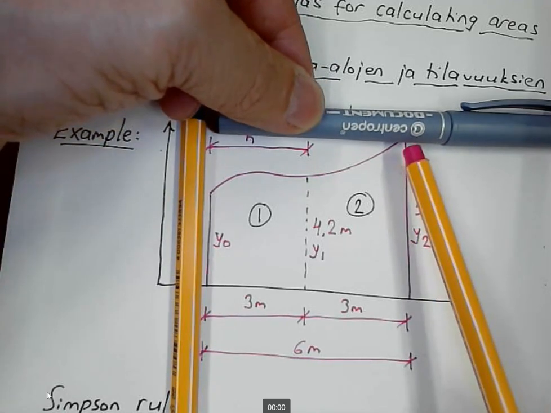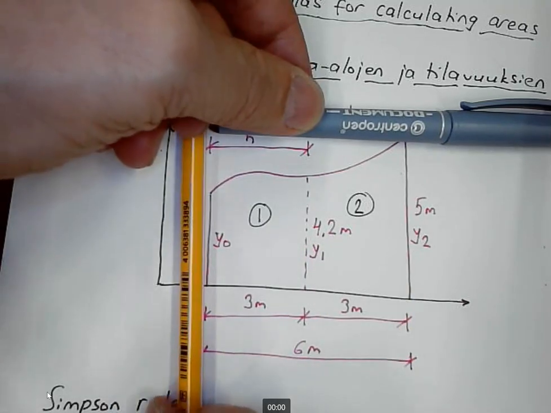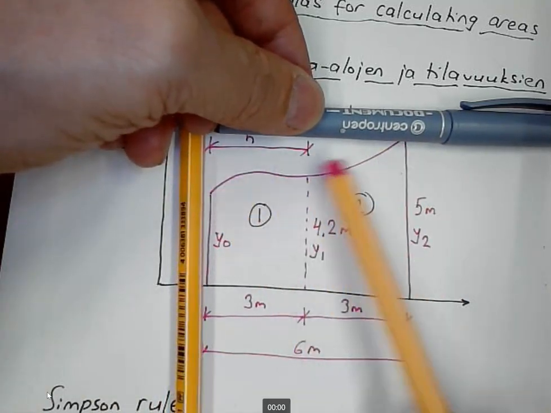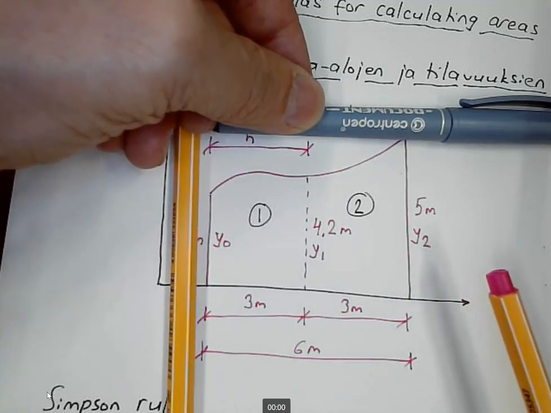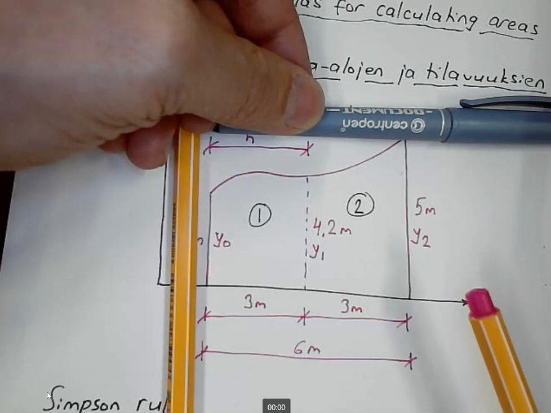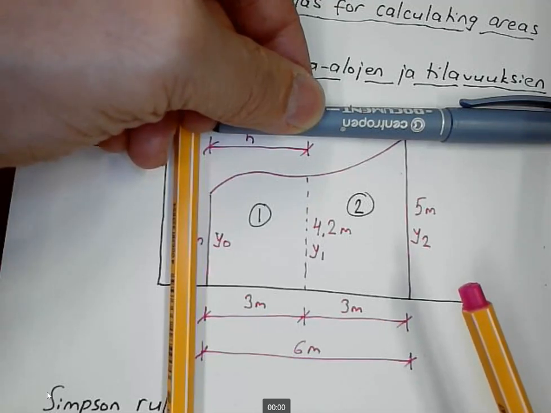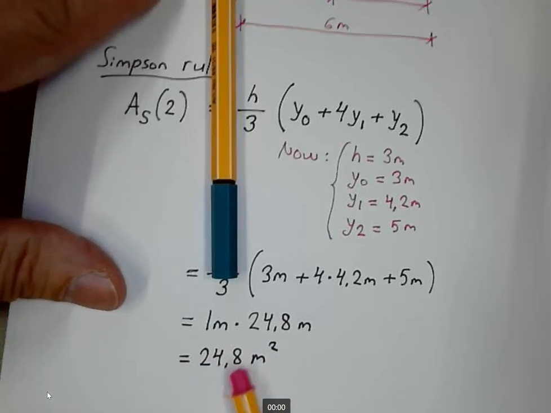In our case, this figure is smaller than this rectangle, so the area must be smaller than 30 square meters, and as we saw, it was.